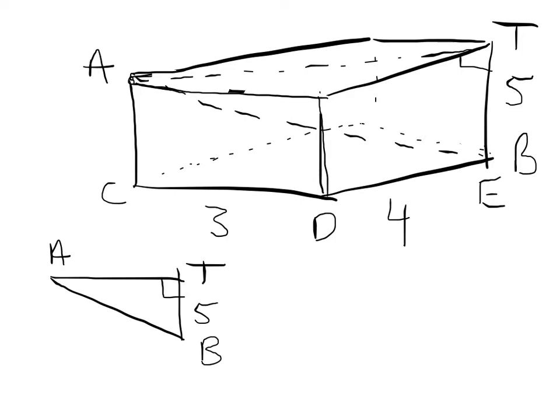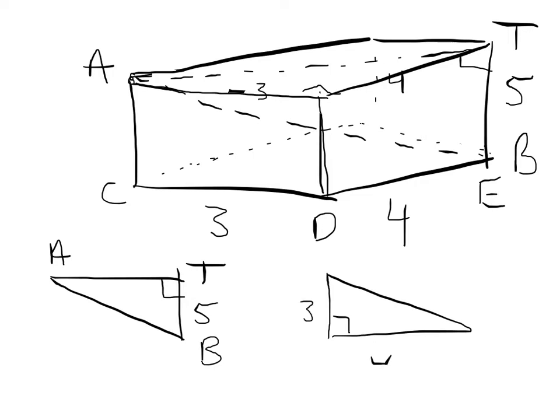If I look at the top of the box, though, I'm going to note that that side AT is a diagonal of the top rectangle. And I'm going to draw that triangle out separately as well. And I note that its dimensions are, from this being a rectangular box, I've got 3 and I've got a 4 here and a right angle here.